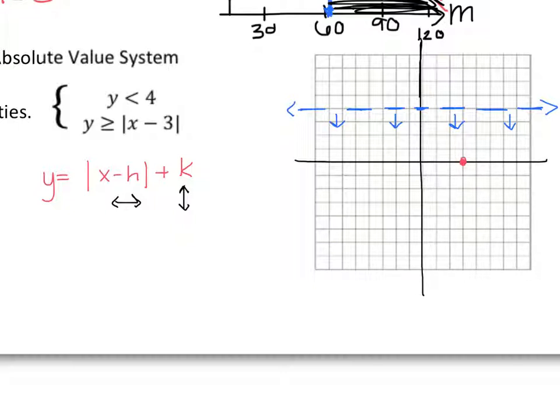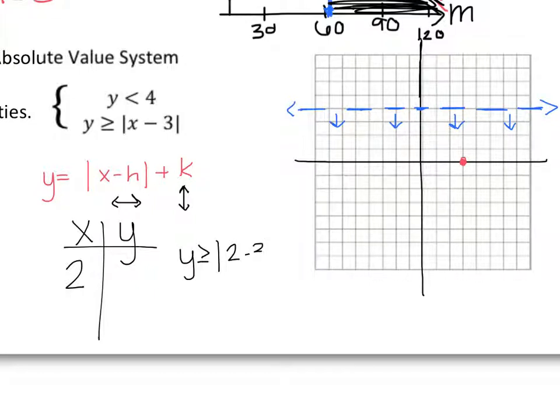And then to get another point, just make a chart. Pick something to plug in for x. What do you want? 2. Sounds good. So if I plug 2 in for x, y would be less than or equal to the absolute value of 2 minus 3. What is 2 minus 3? You've got to simplify what's inside first. 2 minus 3 is -1.